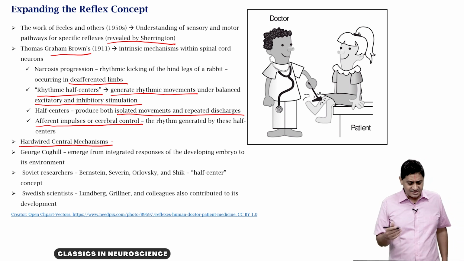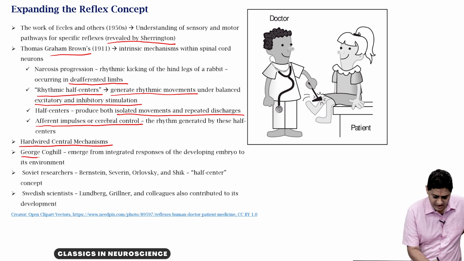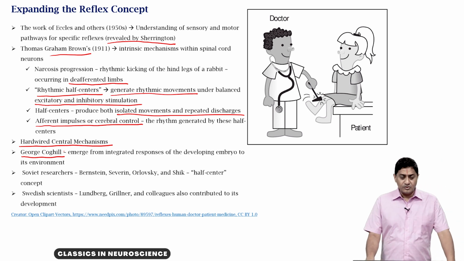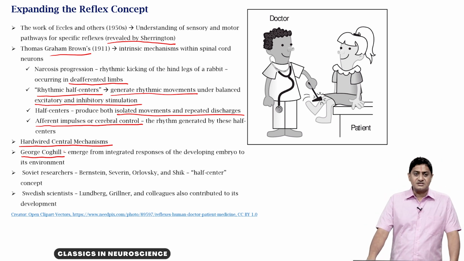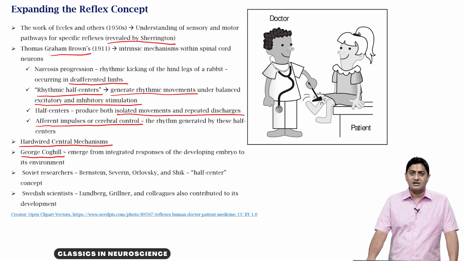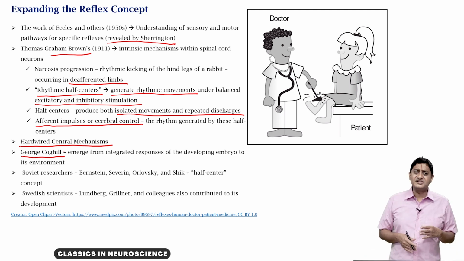This kind of work was then expanded by George Coghill, who suggested that these emerge from integrated responses of the developing embryo to its environment. This is seen, fetuses start making locomotor-like movements even before birth.